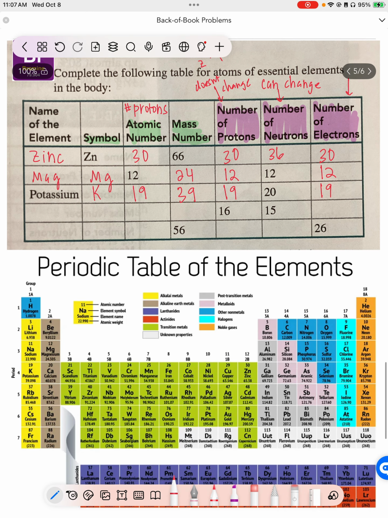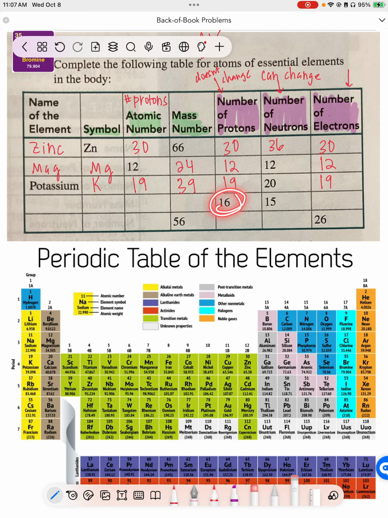Okay, the next one doesn't give us a ton of information, but it does give us the number of protons, which is essentially the name badge, right? Number of protons is the atomic number. So our atomic number is 16. Let's just write that in now. And if we come down here, find 16, we find sulfur.